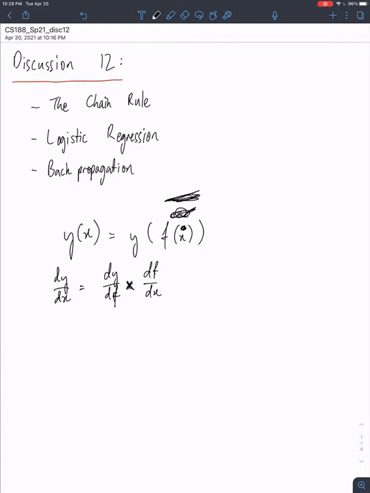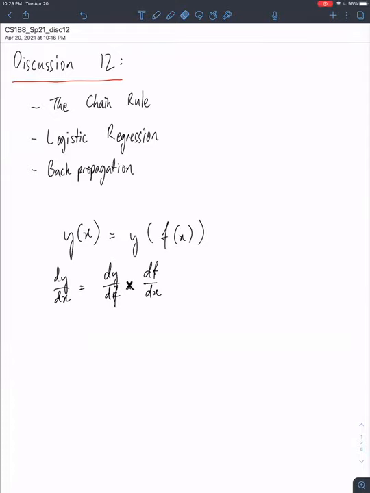Because dy df is if you wiggle f 1 unit, how much does y change? But df dx is if you wiggle x 1 unit, f might wiggle a few units, so you have to multiply that by, if you wiggled f 1 unit, what would happen to y? So that's my explanation of the chain rule. It might not be very good, but hopefully there are other instructors and you can look it up.